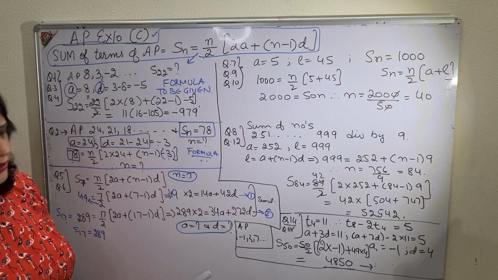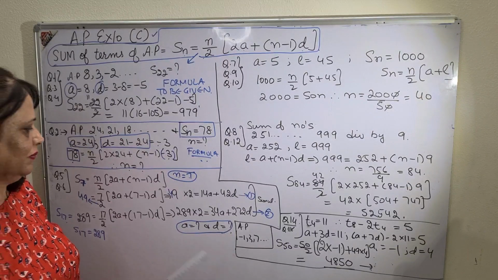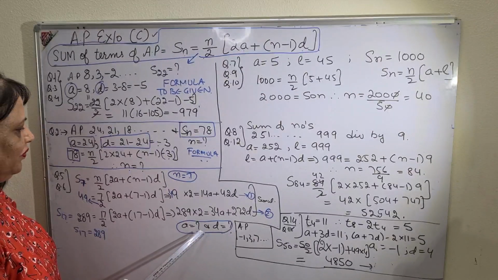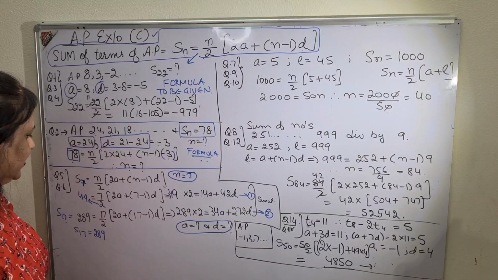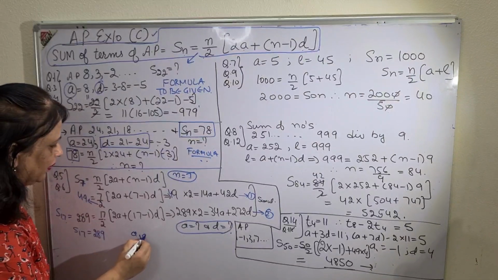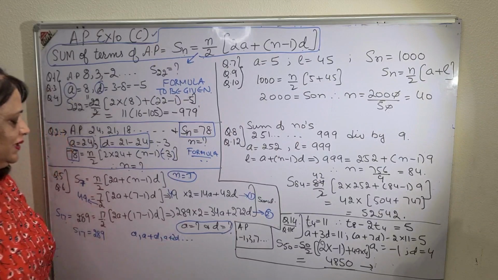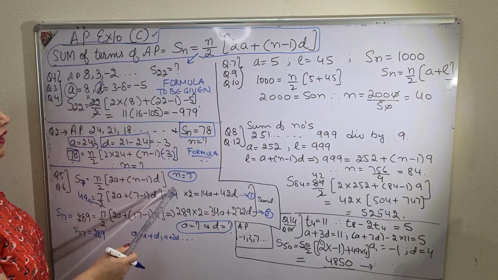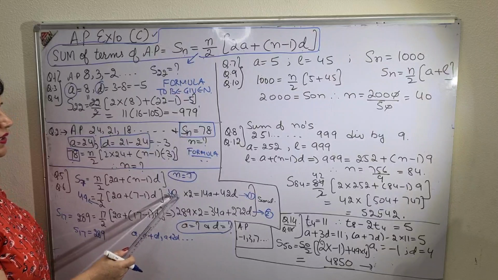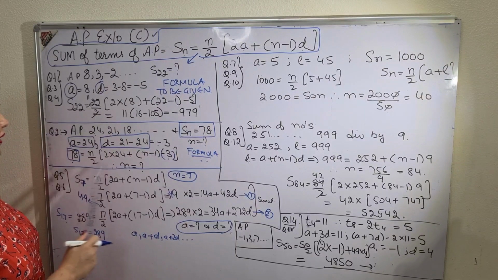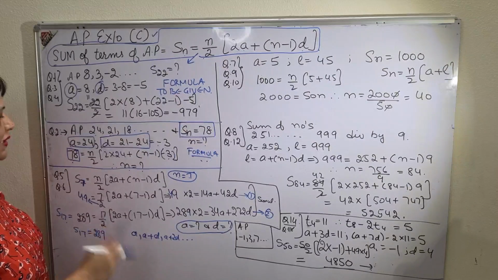First n terms means you can find 1, 2, 3 or 4 terms. So when you get the values of a and d, the first term will be a, then a plus d, then a plus 2d, as we used to do in the last exercise. Only the method of finding this time will be different, with the formula of sum.